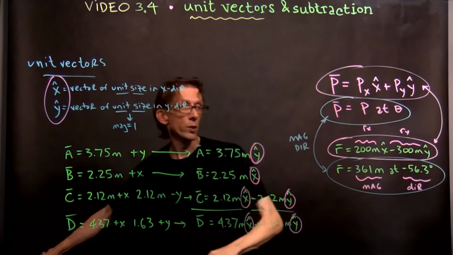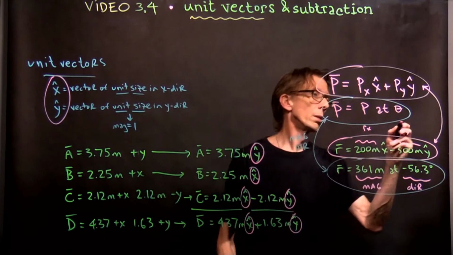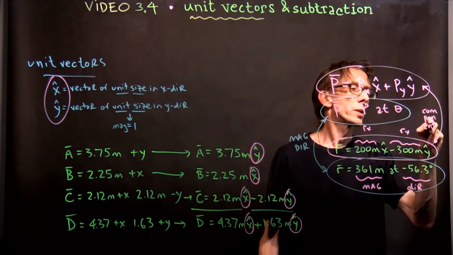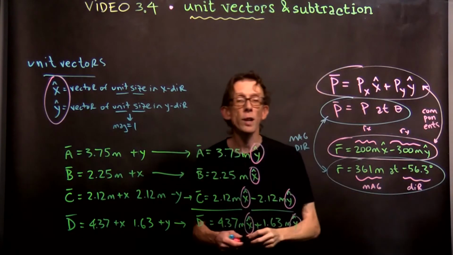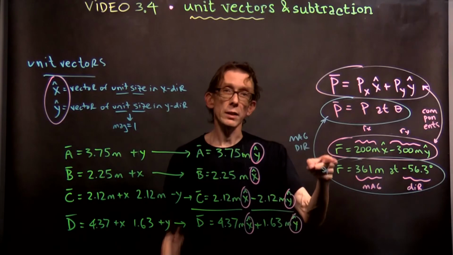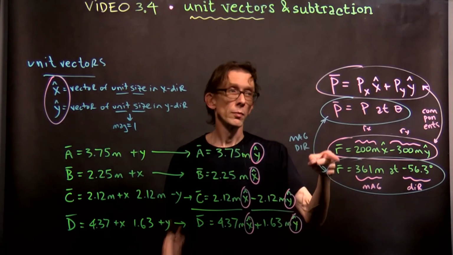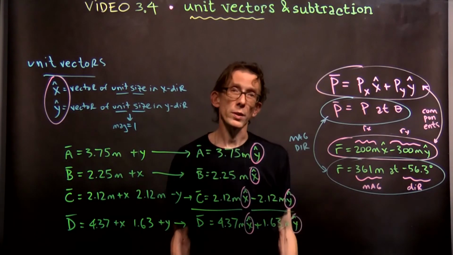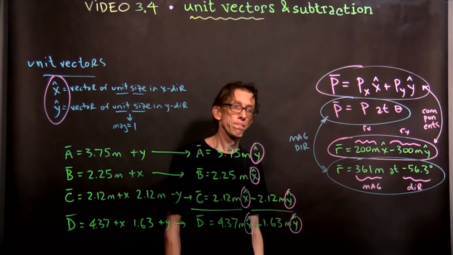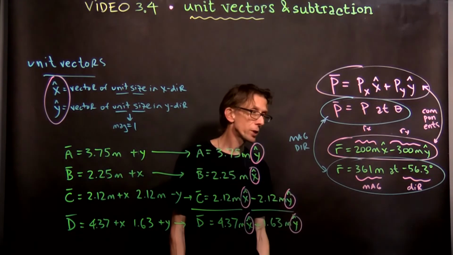And the two others circled in pink are components. Two different ways of expressing a vector. These two R vectors are exactly the same. And these two P vectors are the same. Okay. So that's it for unit vectors.